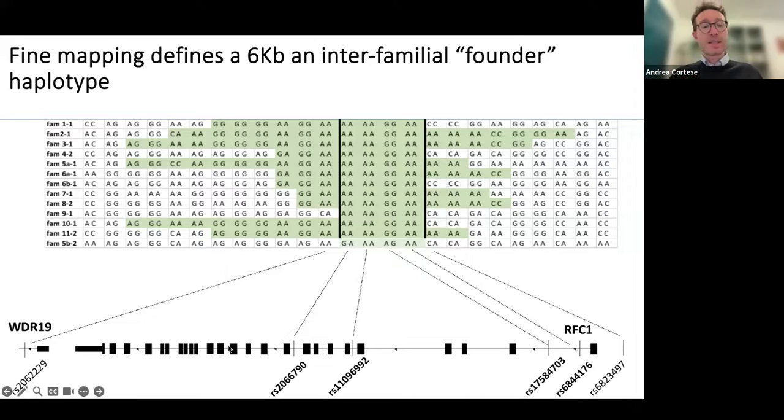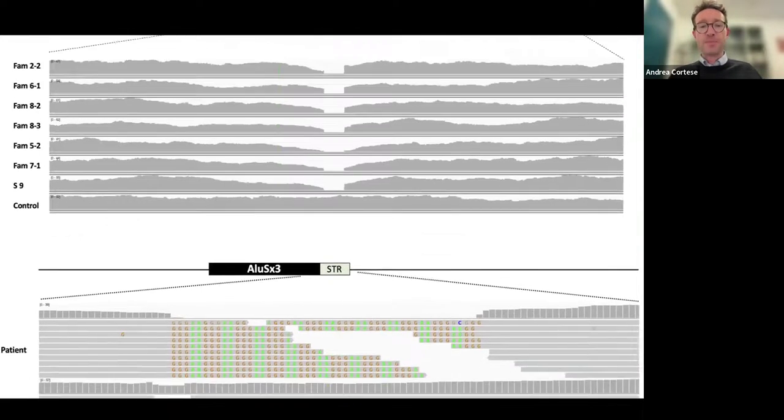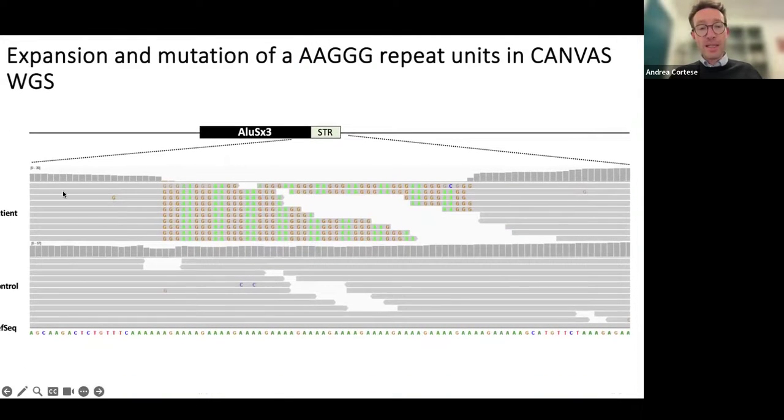Having said that, there was still no mutation anywhere in the black part of the gene, the most important, coding for protein. But when we sequenced the whole gene, including the non-coding part, we saw that there was a particular region where, instead of having a normal sequence, this is a normal sequence here on the bottom, we saw something quite peculiar.